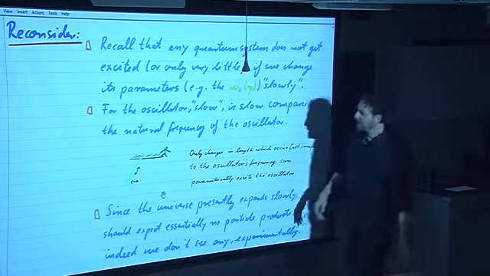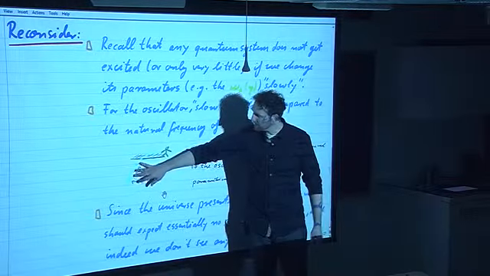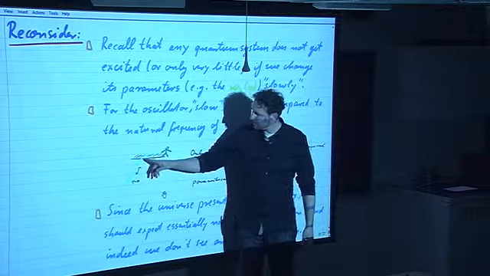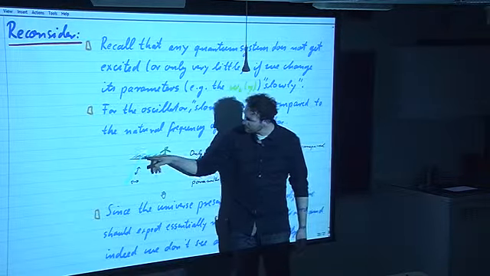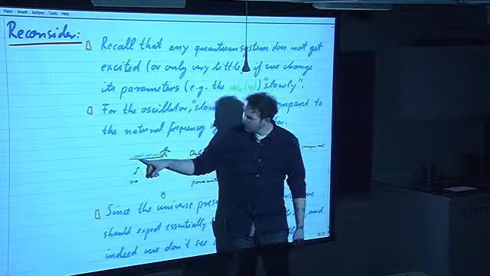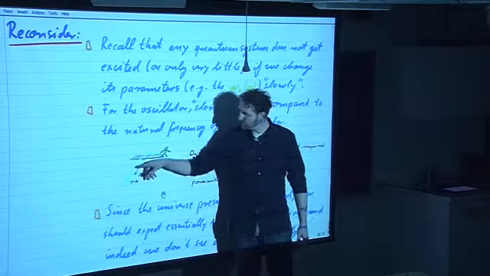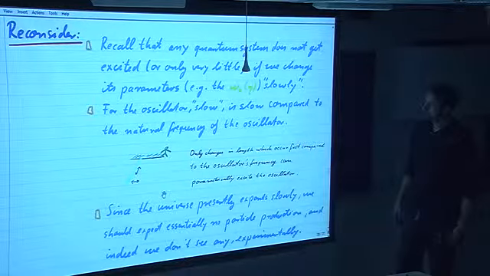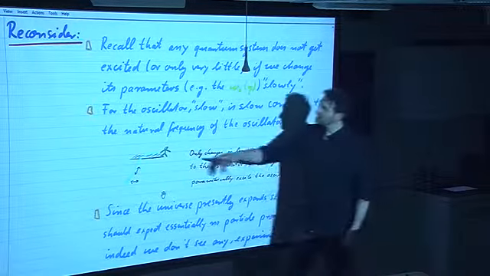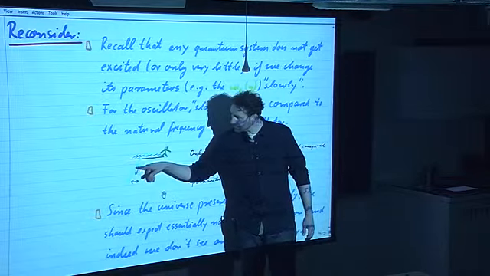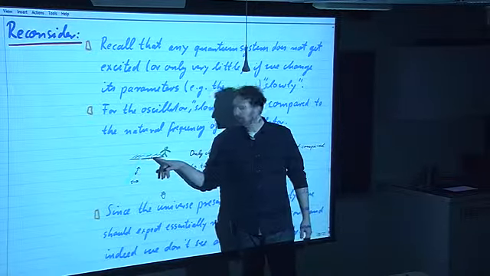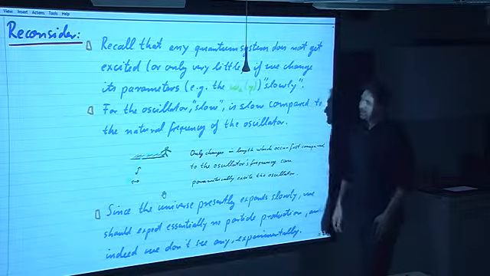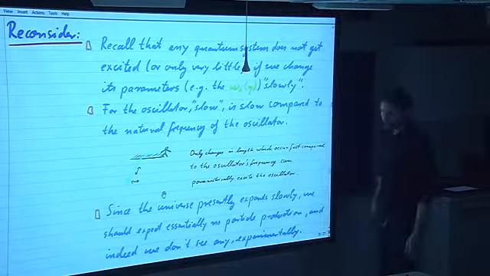So for example, we can take a harmonic oscillator given by a pendulum, and let's say this is the string of the pendulum. Then this guy is pulling on the string, and can make the string longer or shorter, and that will make the oscillation frequency higher or lower. Now, if this fellow is pulling and letting go on that string slowly, with a frequency that's slow compared to the natural frequency of the pendulum, then the pendulum will behave adiabatically.